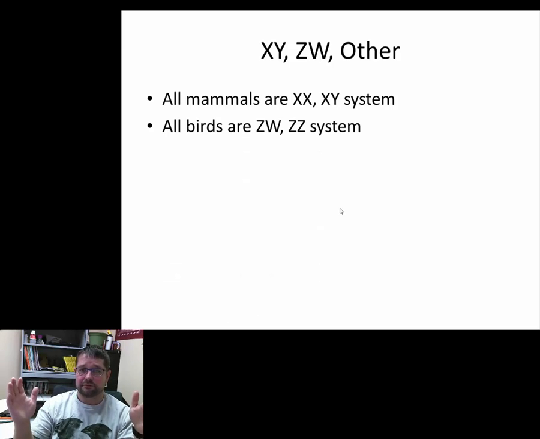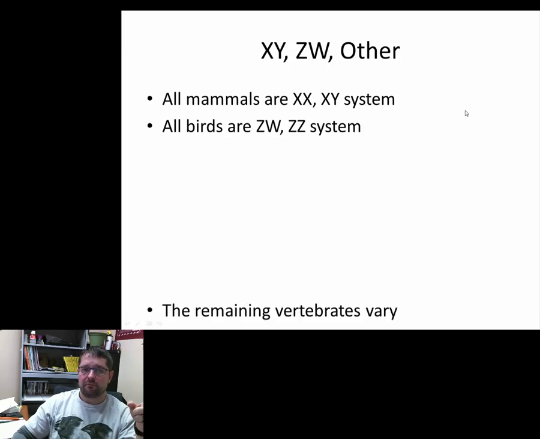All birds, however, are on a different system, which we call the ZW or ZZ system. ZW is the female, ZZ is the male. So where in mammals the heterogenic chromosome pair is the male, in birds the heterogenic chromosome pair is the female.